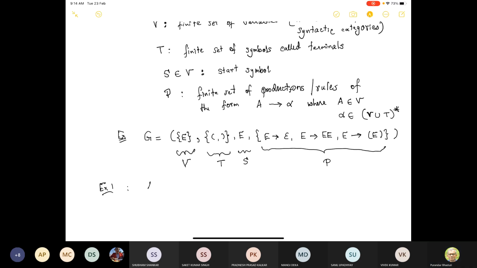A string W is a palindrome if W is the same as W reversed. So what is the grammar for palindromes?